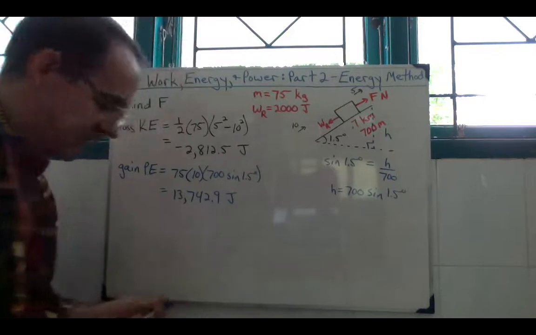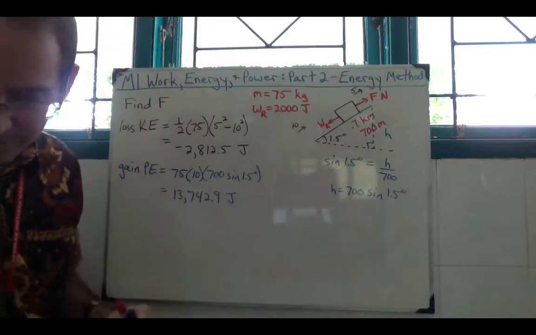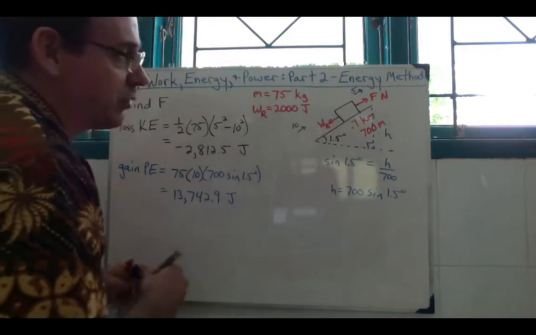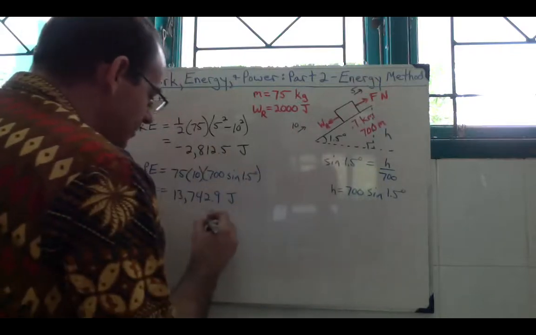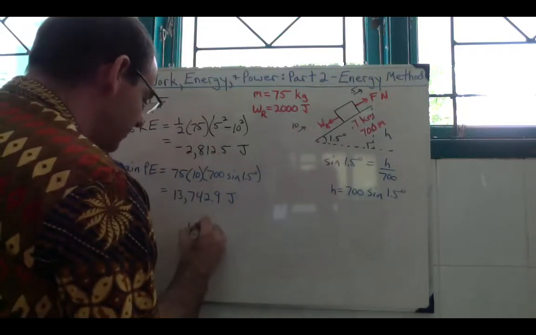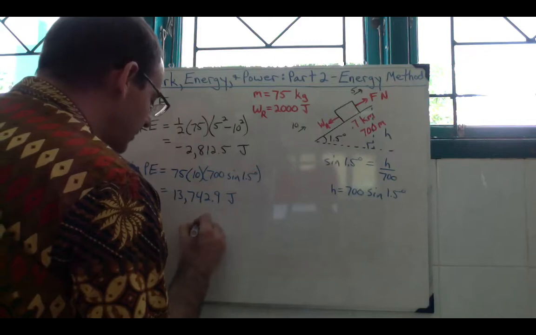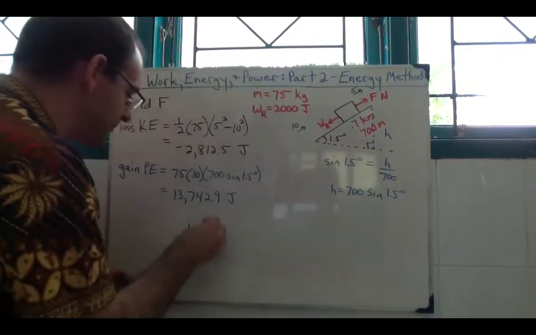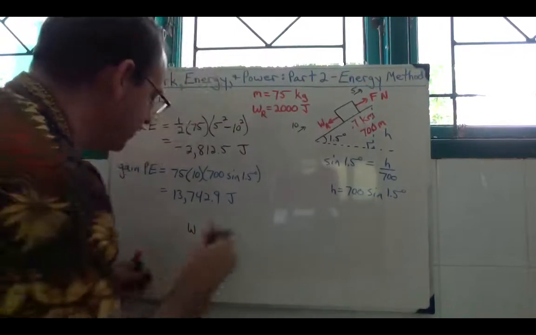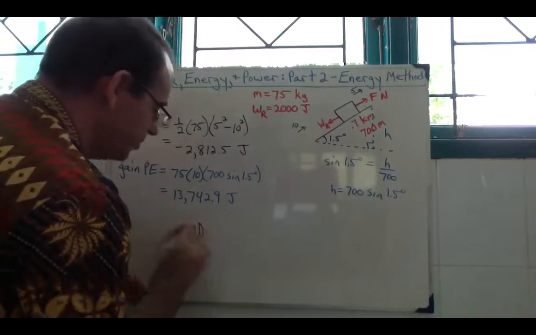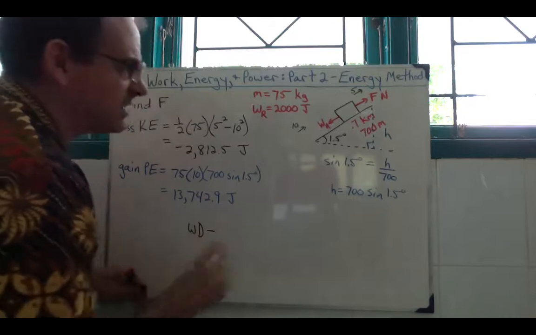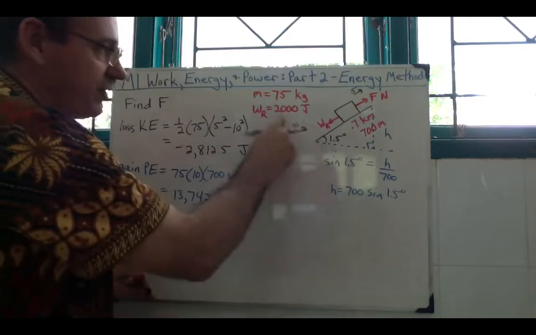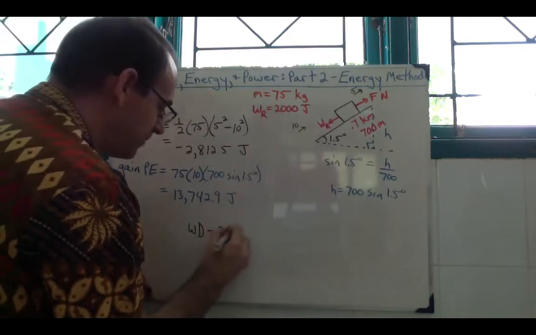So now we can just set up our total energy equation. And our total energy equation is the work done by the driving force, which we don't know yet, minus the work done against resistance, which is 2,000.